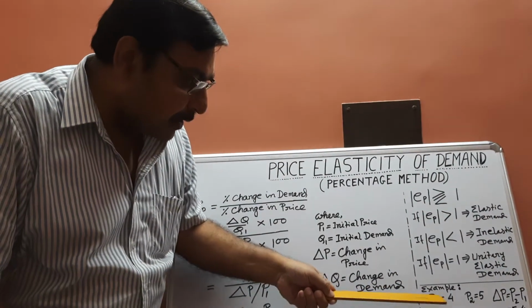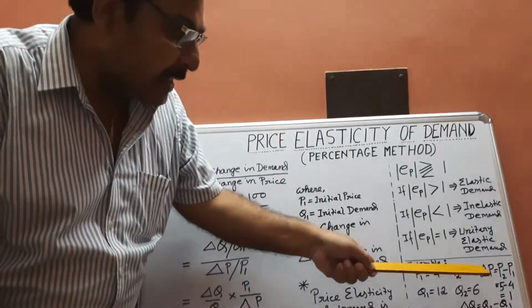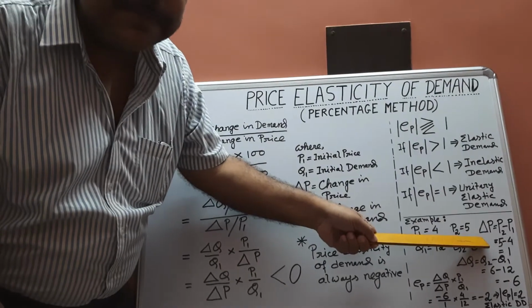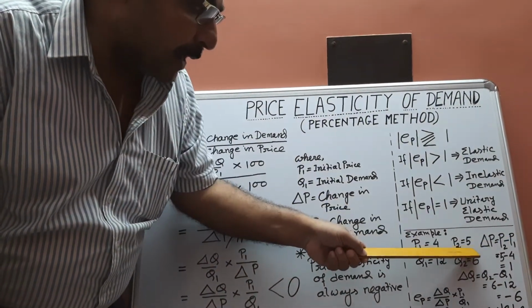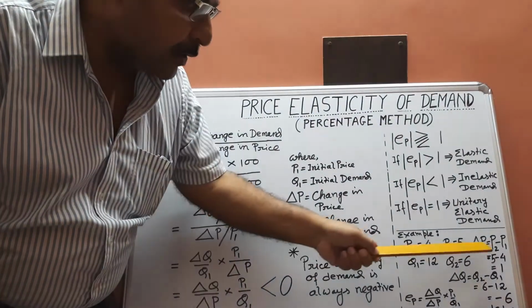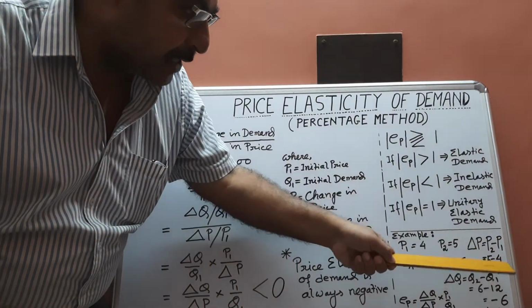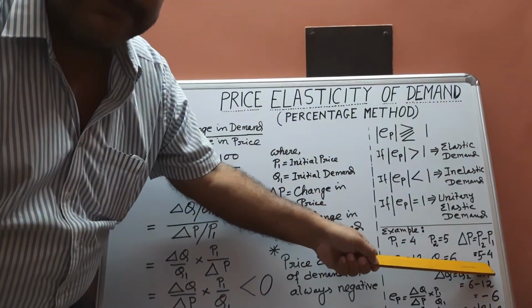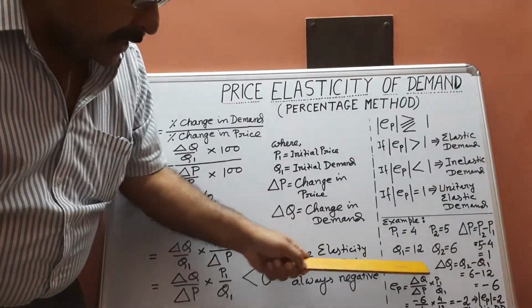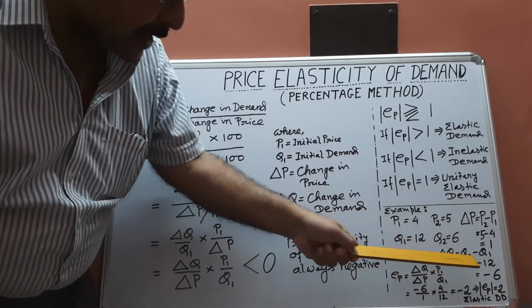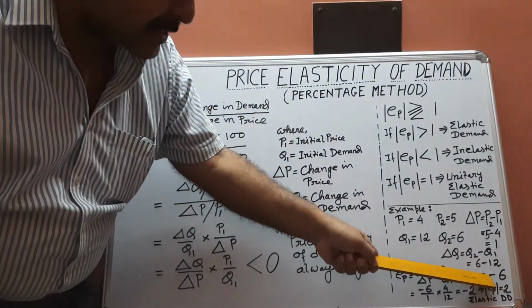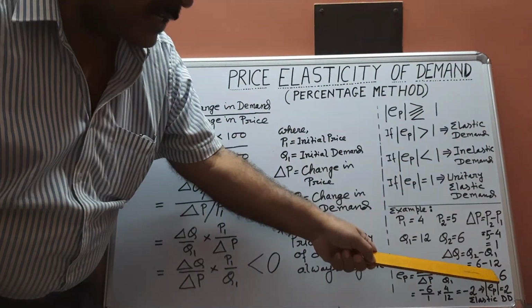Your duty is to find out the change in price and change in demand. If P1 is 4 and P2 is 5, then change in price, that is delta P, is equal to P2 minus P1, which is 5 minus 4 equals 1. Delta P is 1. Delta Q is equal to Q2 minus Q1, so 6 minus 12, which is minus 6. I said one of them will be negative.